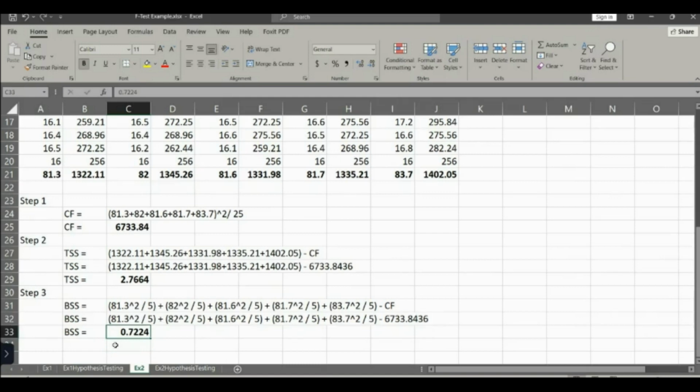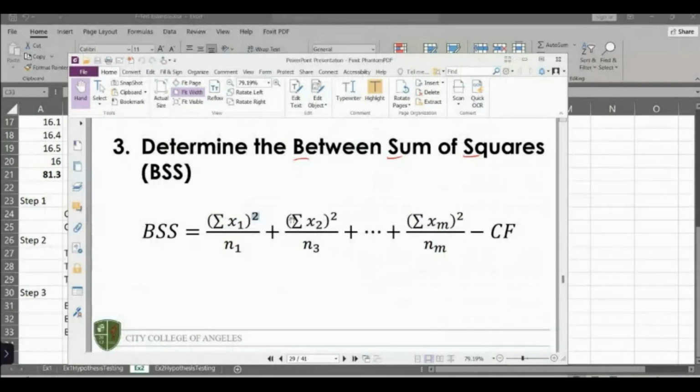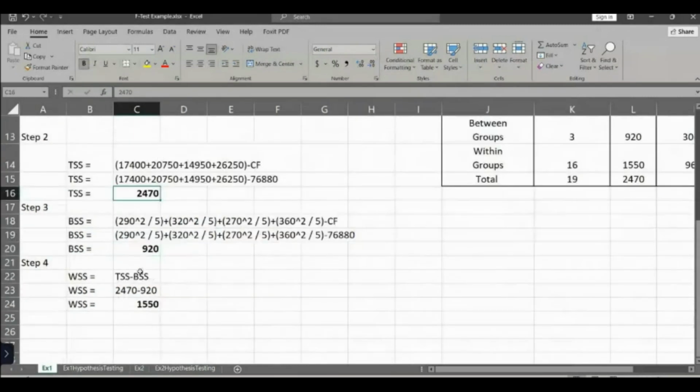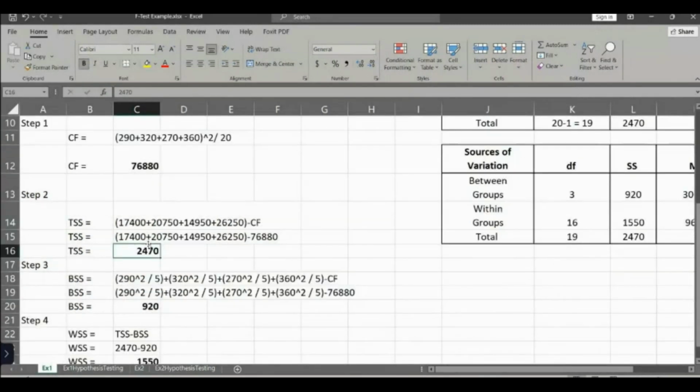Let's confirm. 290 squared over... Okay, correct.